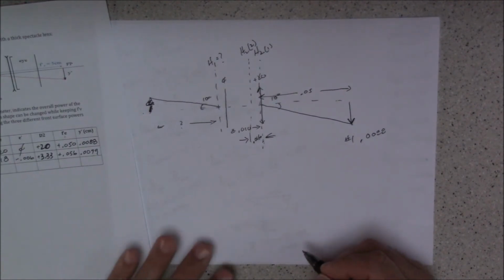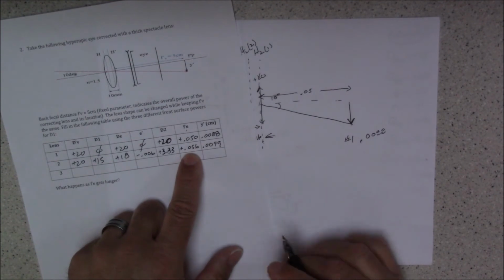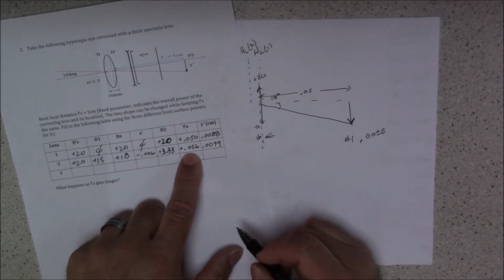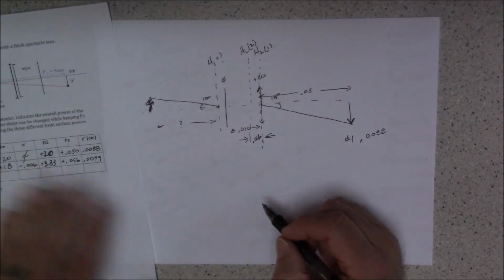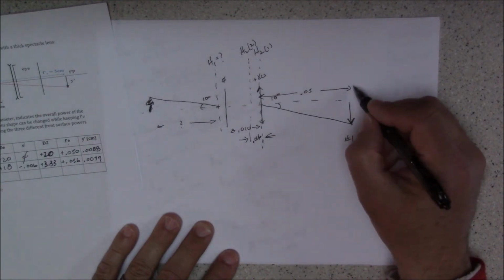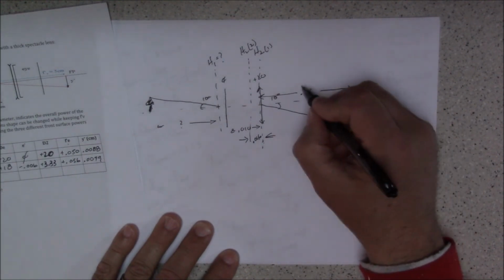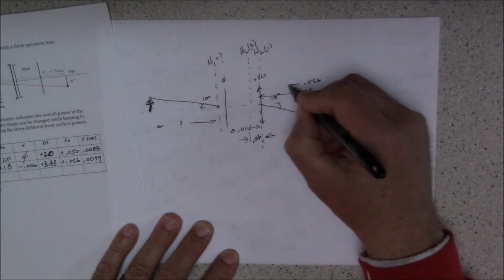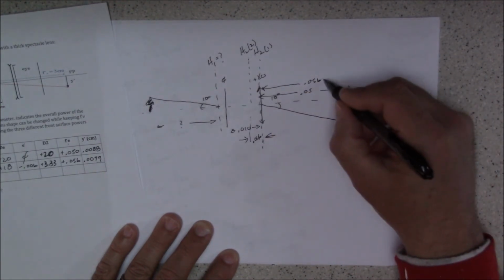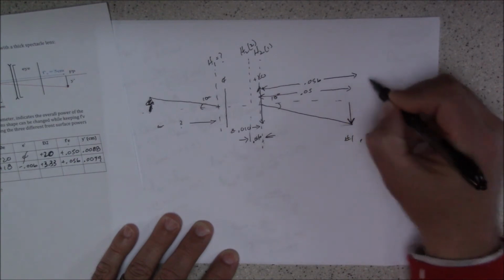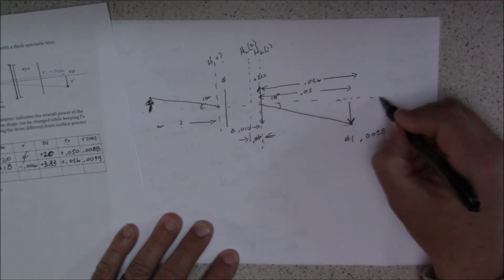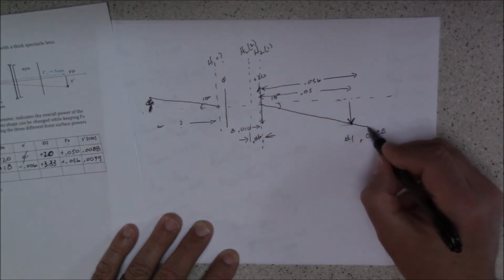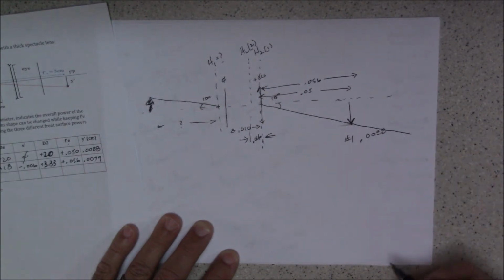Okay, how is this going to change things? Well, the focal length of that back Gaussian plane is now 0.056, which is actually going to be farther down the line here. So it's going to be longer, right? That means I'm going to extend this out here, and extend that same 10-degree slope this way.